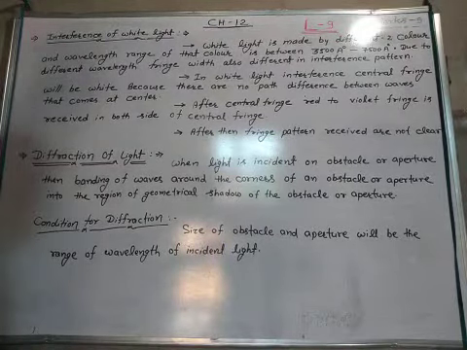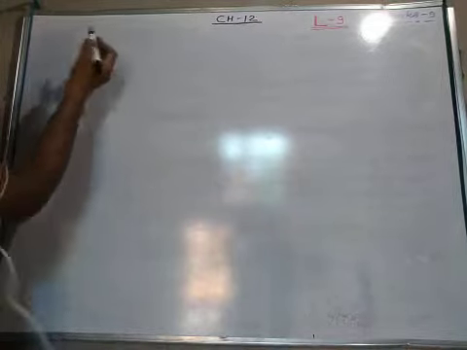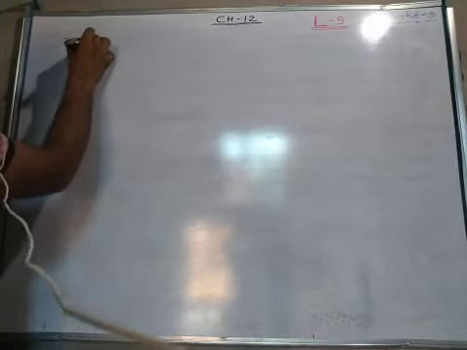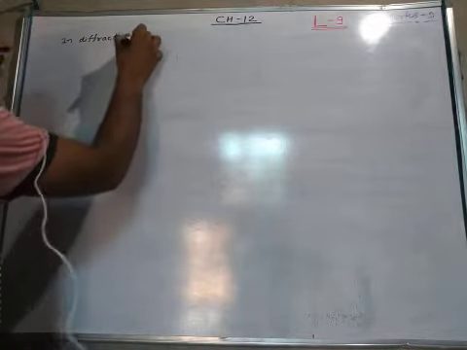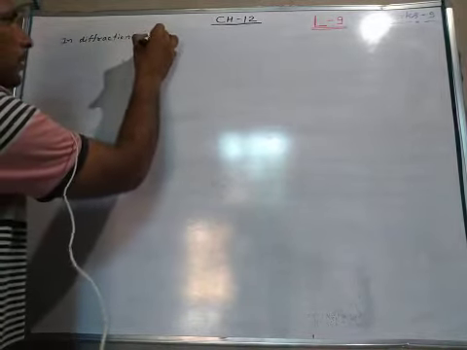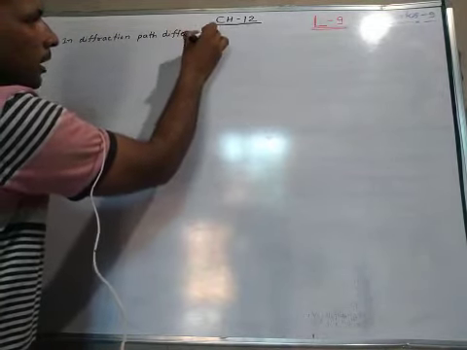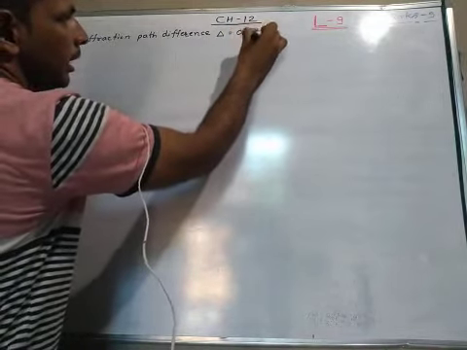For this derivation we use directly a formula that will be derived in the next class: path difference delta equals a sin theta.